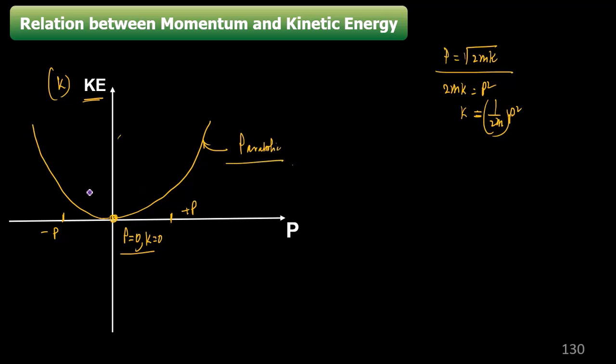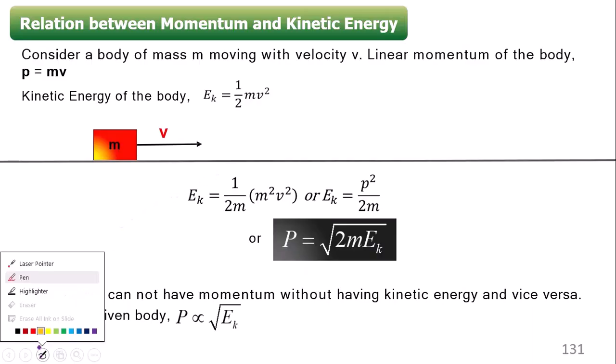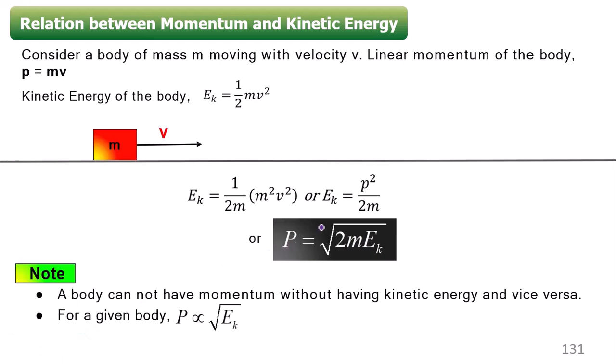This is only the upper part of the y-axis, because the diagram shows the positive part. So I cannot go beyond this, and there is no part below. This is the relation that I have already derived, that the momentum is the square root of 2m into kinetic energy. A body cannot have any momentum without having kinetic energy.